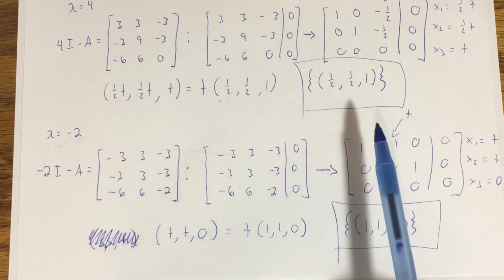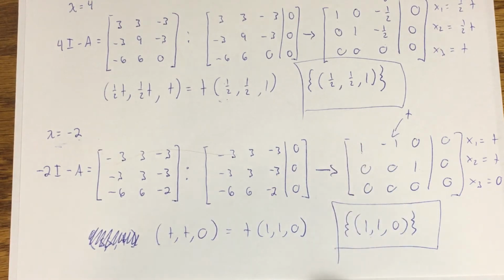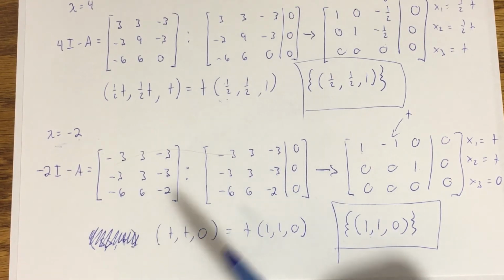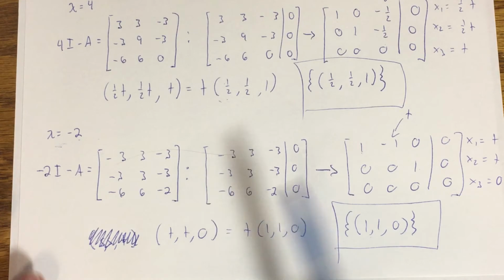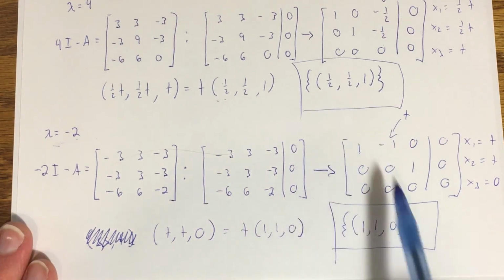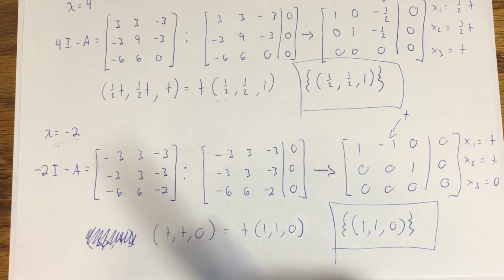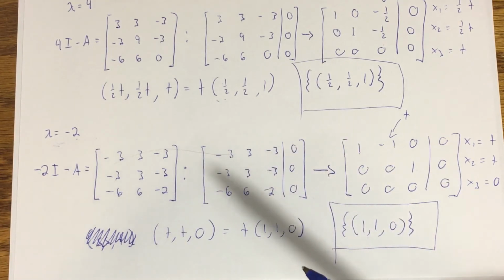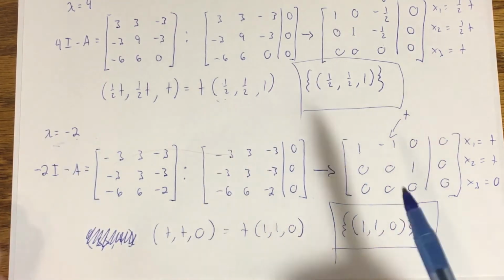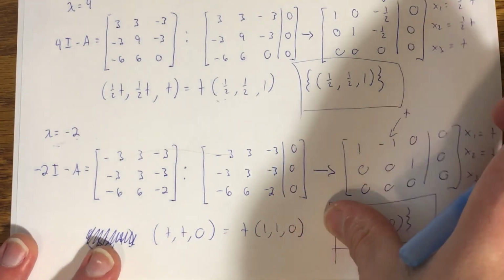Subspaces of R3, you'll recall, always look like either the origin itself, that's the trivial subspace, all of R3, or a line through the origin or a plane through the origin. Any subspace of dimension 1, so its basis has one vector, is going to look like a line through the origin. So that's what these eigenspaces look like, geometrically speaking.